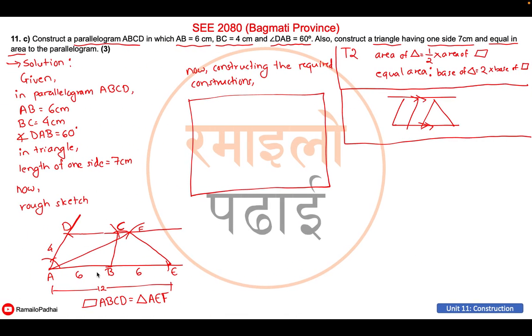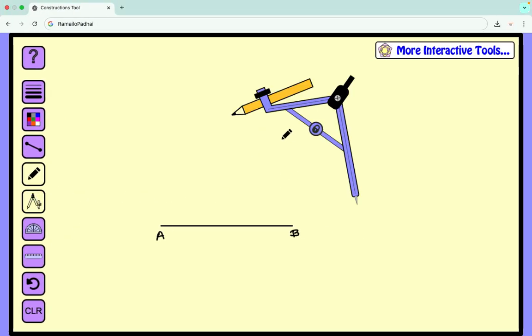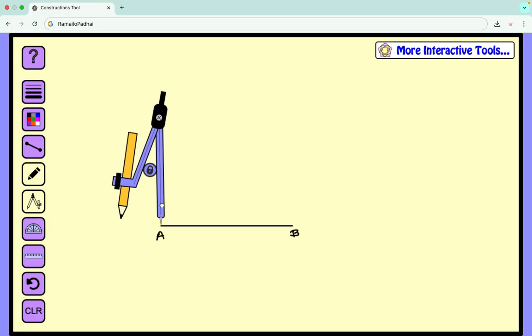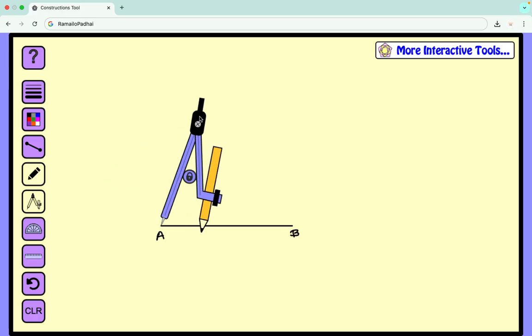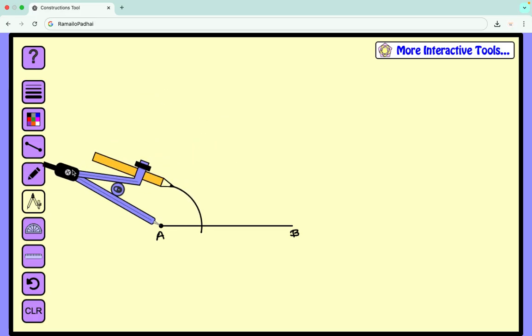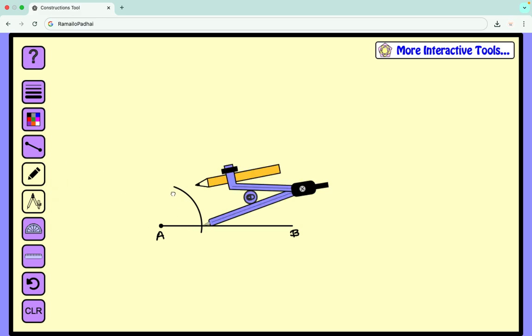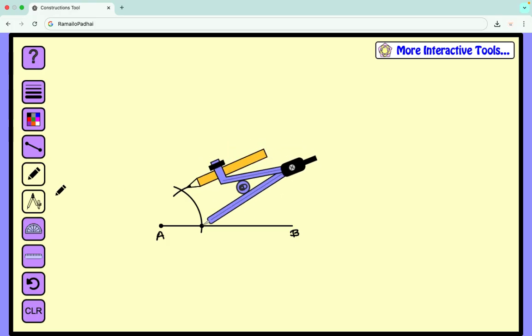Okay, now what we have done is that we made 60 degree here, DAB. So let's make 60 degree. Okay, so this is 60 degree.